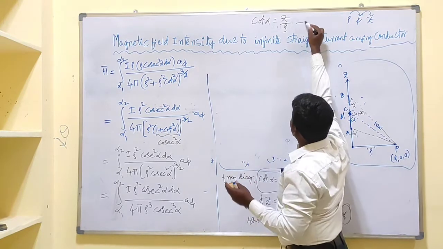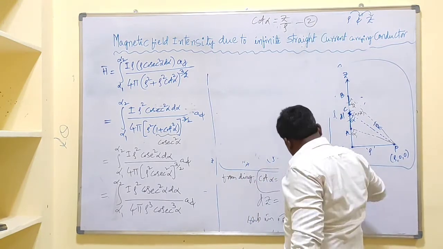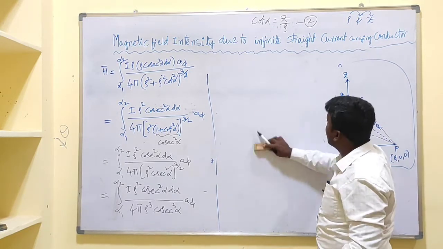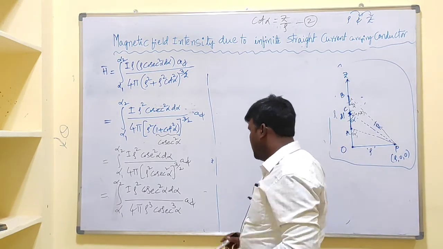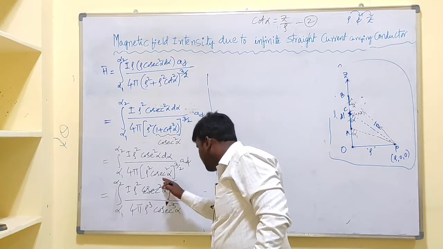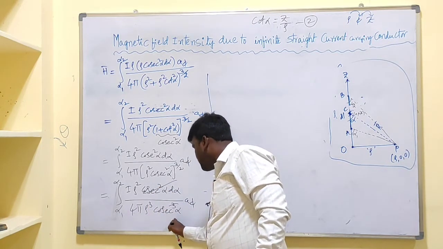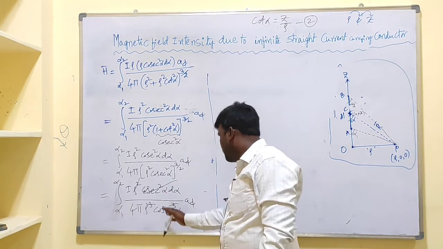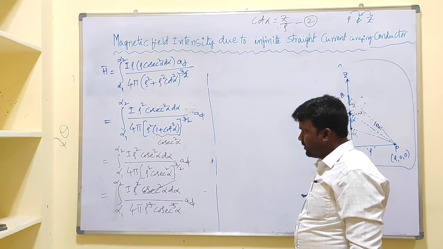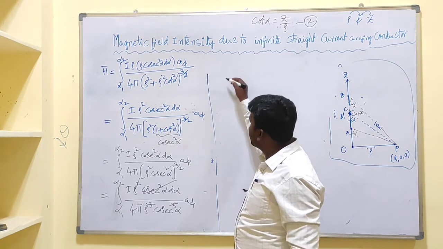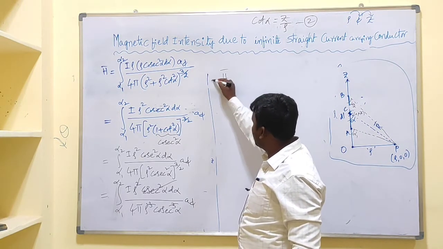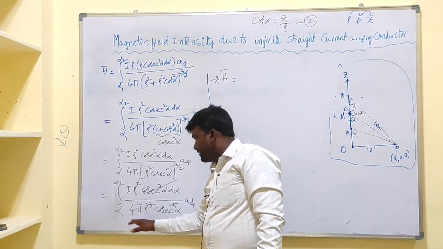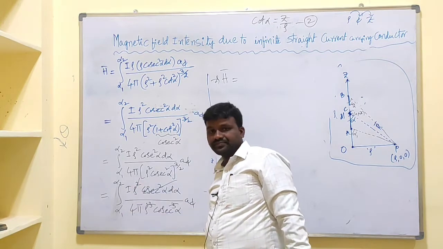Now cosecant square alpha by cosecant cube alpha is 1 by cosecant alpha, and rho square by rho cube gives 1 by rho. Integration is with respect to alpha only, so let us write h bar, with only the alpha terms within the integration and the remaining outside of it.